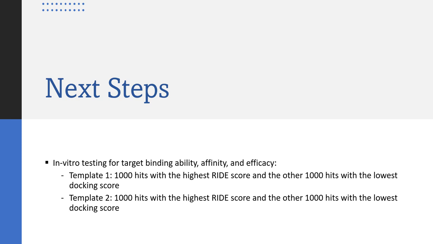For the hit list generated based on template 1, 1,000 hits with the highest RIDE score and 1,000 hits with the lowest docking score should be selected to test in in vitro experiments for the next step. Also, the same criteria that are used to select hits from template 1 should also be applied to select hits from the hit list generated based on template 2.